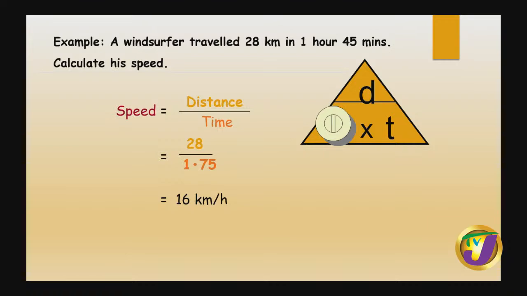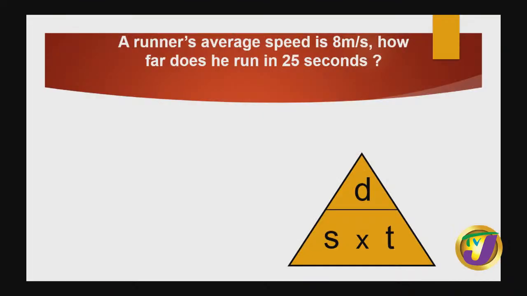A runner's average speed is 8 meters per second. How far does he run in 25 seconds? So we're looking at distance. Yes, we want to find the distance because it asks us how far. Good. So covering distance will show us that to find the distance, it would be equal to the speed multiplied by the time.